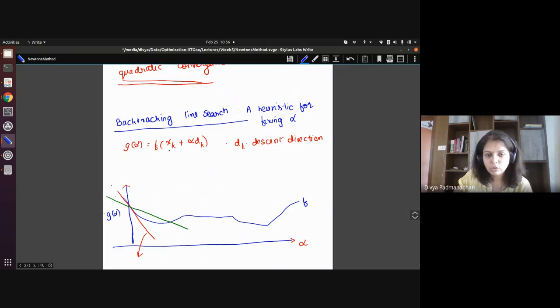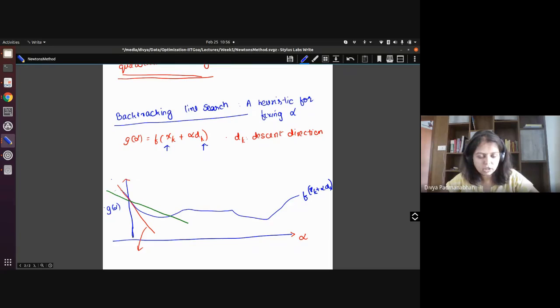Because you are currently at xk and you have a direction, what you need to find is this alpha, right? So what's a reasonable alpha? You write this as g of alpha, and this blue is just g of alpha, or just f of xk plus alpha dk. Now you can construct a first order approximation for g of alpha.